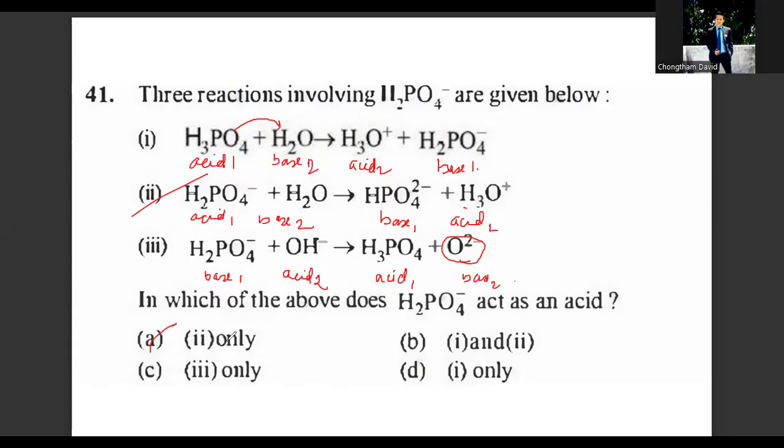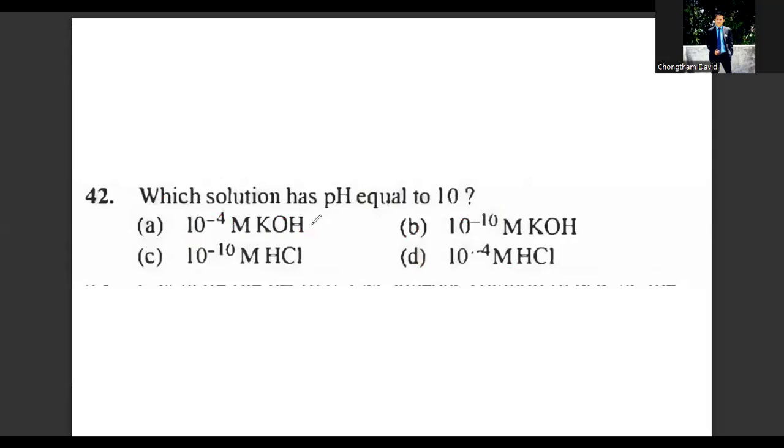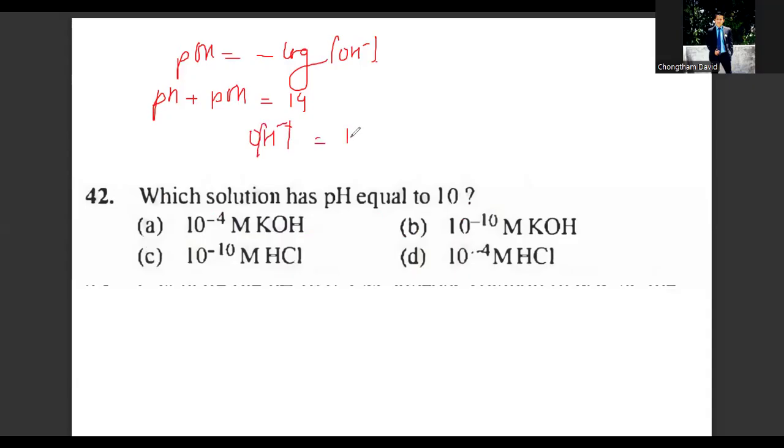Question number 42, which solution has pH equals to 10? pOH is defined as the negative logarithm of hydroxide ion concentration, given by Mr. Sorensen. And the sum of pH and pOH is always 14. So for 10 to the power minus 4 potassium hydroxide, the hydroxide ion would be 10 to the power minus 4.